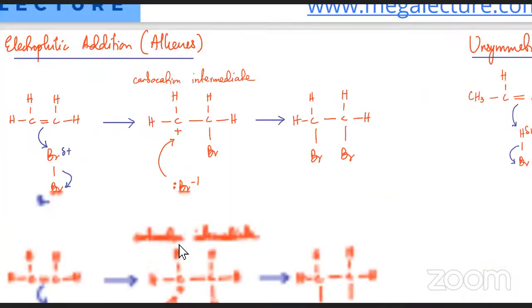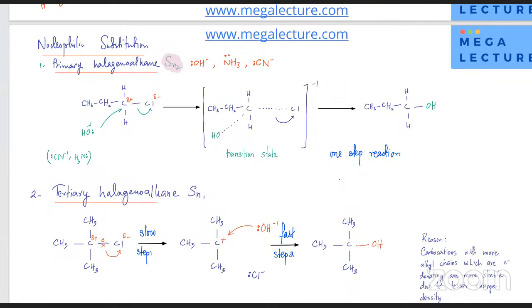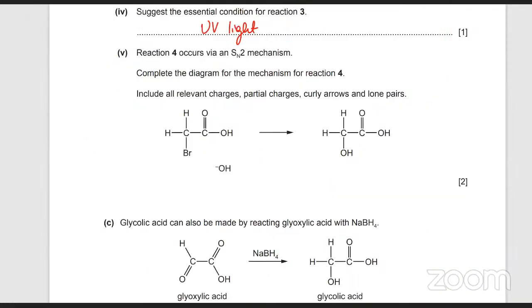What happens in it directly? Remember, halogenoalkanes have two mechanisms. For SN2, what happens is that the OH minus directly attacks the carbon, which is positive, goes and bonds with it, and the Br gets knocked out. So everything happens in one go. Here the carbon is partial positive, the bromine is slight negative.